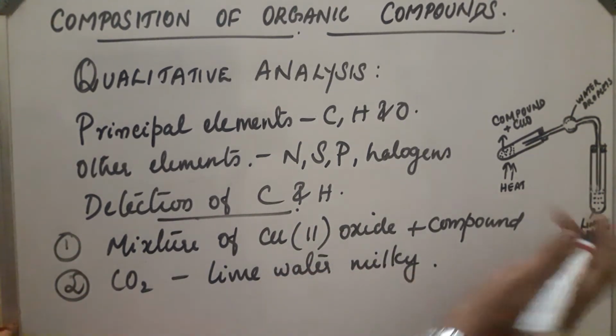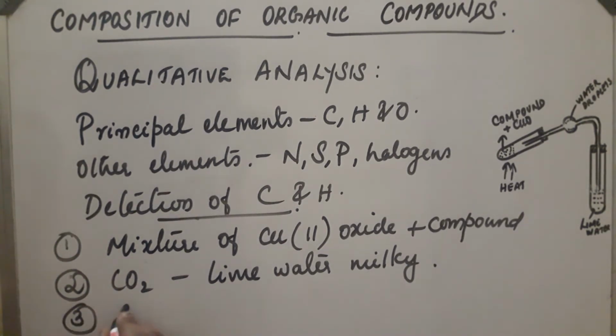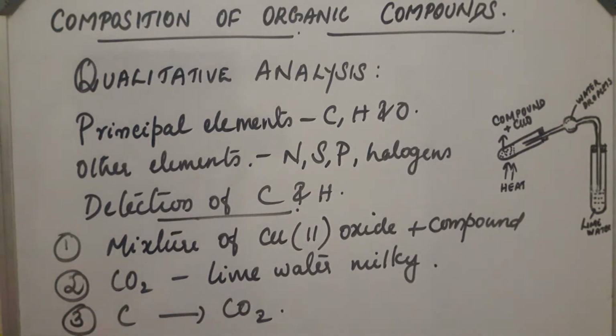If the lime water turns milky, it shows that carbon dioxide is obtained, that is, carbon present in the compound is oxidized to carbon dioxide. So we can detect that carbon is present in the compound.